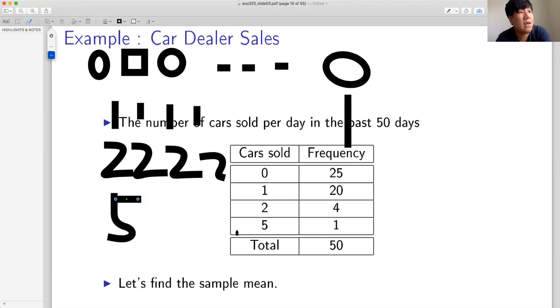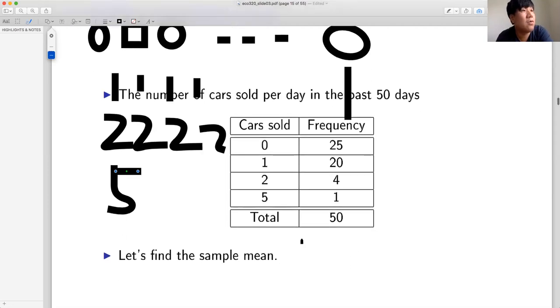So when someone asks you, or if I ask you to find sample mean, you just add this number, everything divide by 50, right? So that is how you calculate, right? So it's gonna be 0, and plus 20 of this is 20, plus 4 of 2, so it's 8. So it's 28 plus 5, it's 33. So 33 divided by 50 is what? It's a 0.66, right? So that is actually your average car sold per day.